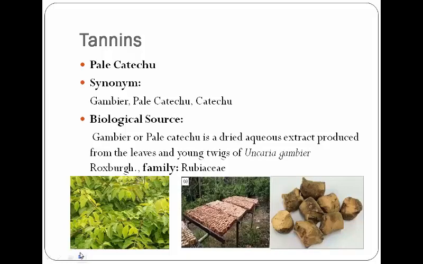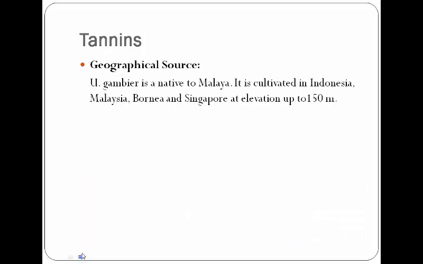Here you can see the leaves of Uncaria gambir, and these leaves are used for the extraction of Gambir, the dried aqueous extract of leaves or young twigs. Uncaria gambir is native to Malaya, but it is also cultivated in other countries like Indonesia, Malaysia, Borneo, and Singapore, and grows at elevations up to 150 meters.